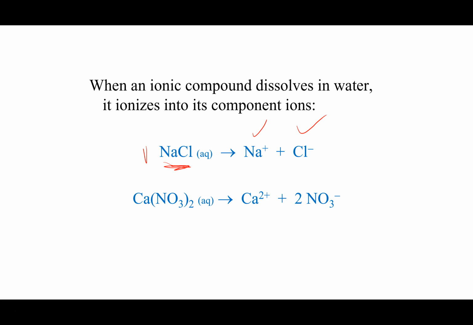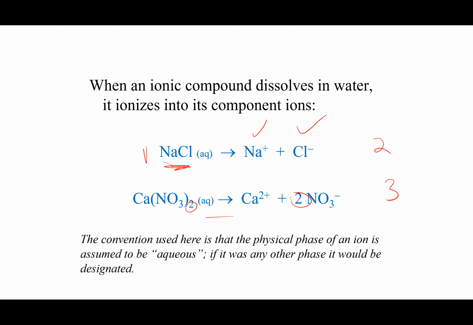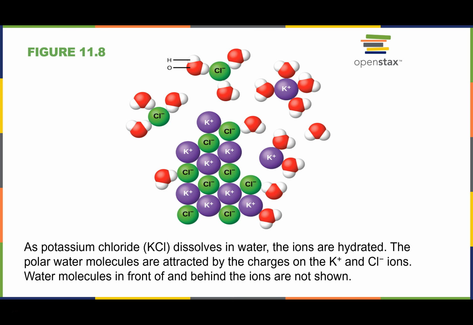Okay, here, check this out. The subscript 2, so calcium nitrate, we have 1 calcium and 2 nitrates. So here you get 3 particles. Notice that this is showing the AQ means aqueous. This is showing you the ionization, or the dissolving, of potassium chloride.